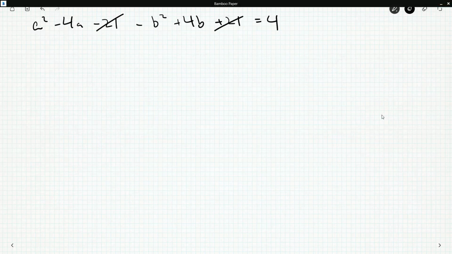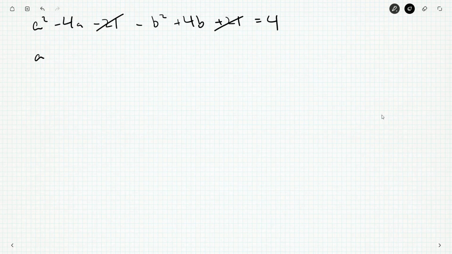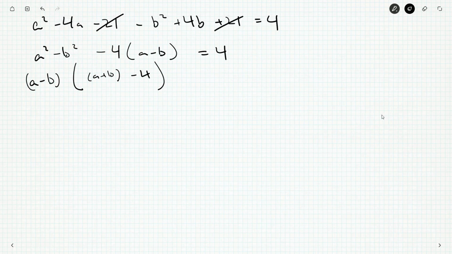So these guys cancel out, and I am left with a squared minus b squared minus 4a plus 4b is equal to 4. And we're going to factor out the a minus b again. (a minus b)(a plus b minus 4) is equal to 4. All right.